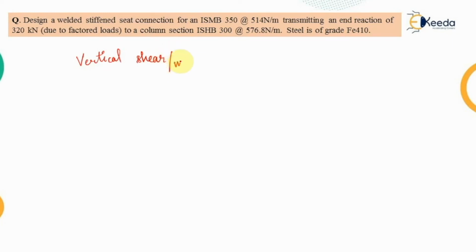Therefore it will be vertical shear per unit thickness, in Newton per millimeter. It is denoted by Q1, and that is the end reaction, 320 kilonewton, divided by the length transmitting this, that is 2 into 300 plus 160 minus 16. So that value comes out to be 430.10 Newton per millimeter. That is the strength of the weld in the vertical direction, that is vertical shear.